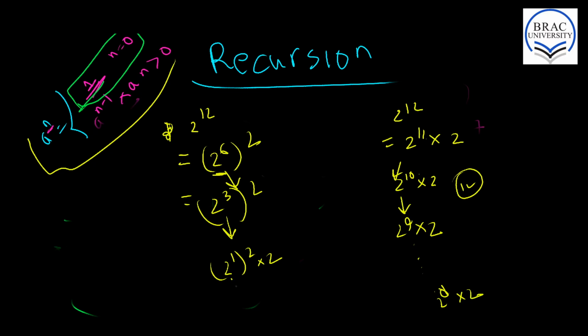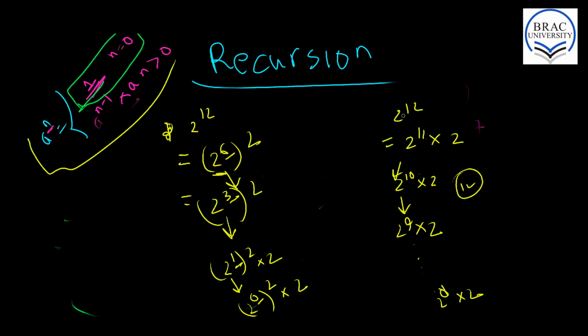Now we don't know 2 to the power 1, but if we somehow had 2 to the power 0, we could just square it and then multiply 2. So how many steps do we need here? We need 1, 2, 3, 4. We're going to need 4 steps here.